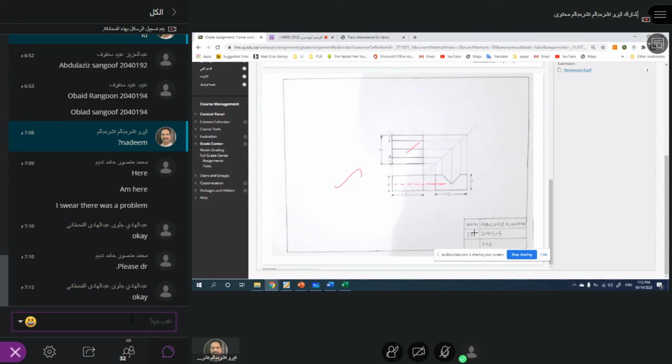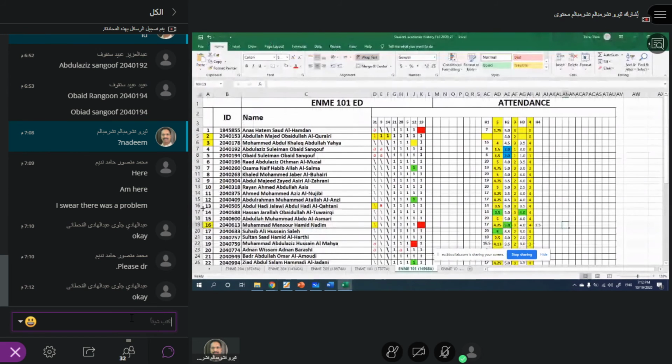You have to use the template to write your name clearly, not freehand. Also, your dimensions should be much better than this, and be very careful with hidden lines. Okay? 505. Abdul Hadi, I'm giving it, only for the hidden line.